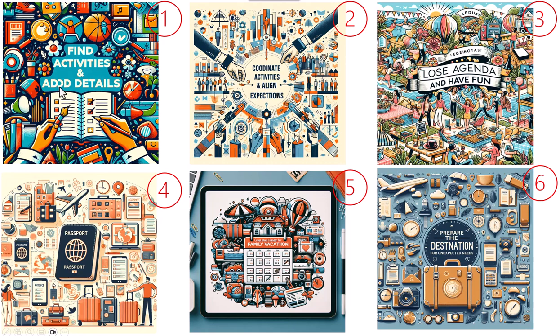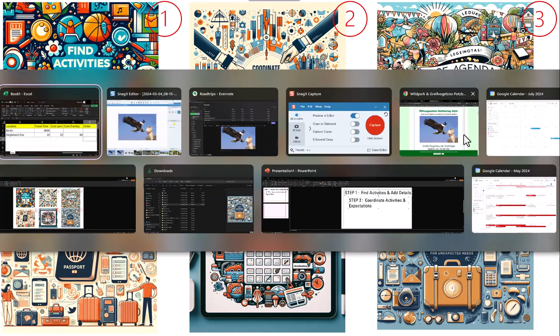You can see the AI for some reason has a real challenge with spelling. This one's pretty good, but it always seems to miss things when it's spelling. Like here's an I. I don't know why that is, but it's very consistent using DALL-E. Anyways, step number 3, loose agenda is what it's supposed to say, but it says lose agenda and have fun.